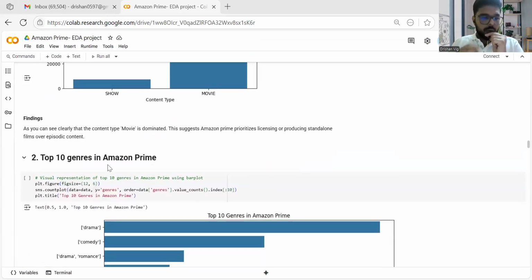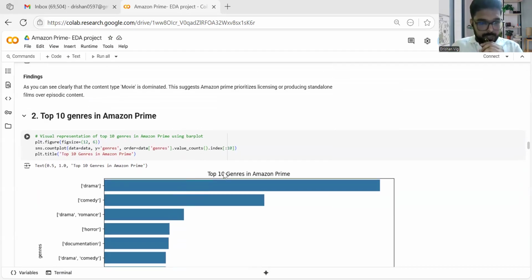Now the second one is the top 10 genres in Amazon Prime. We're going to identify the type of content which Amazon Prime has, the top 10 genres, like whether it's drama, or romantic kinds of movies and all that. We're going to see it in our visualization.